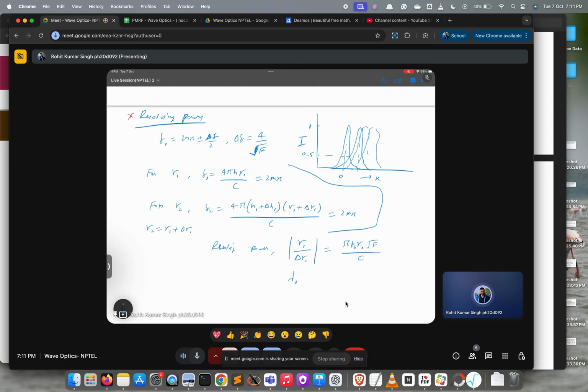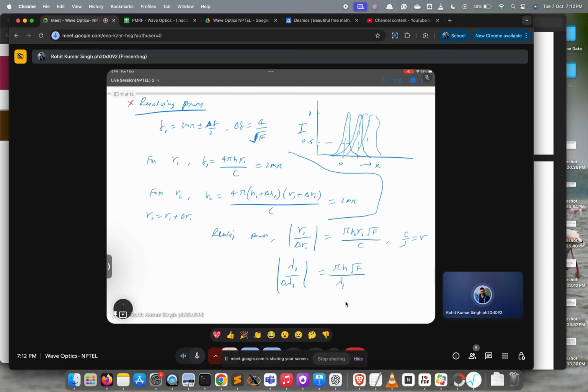You can also write it in terms of wavelength: c by lambda is mu, so you can write pi h root f by lambda 1. This is the resolving power formula.